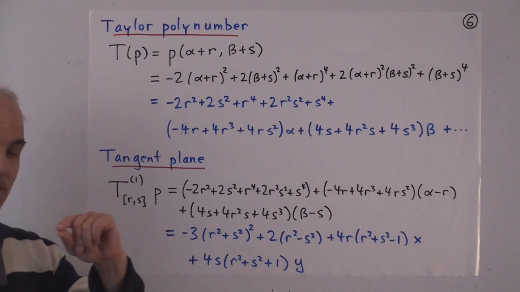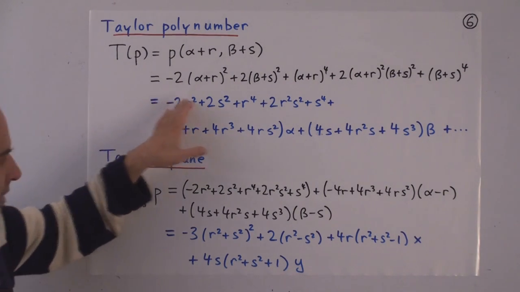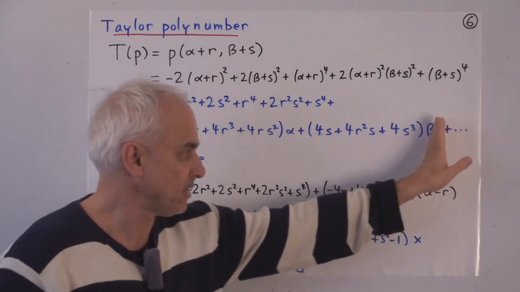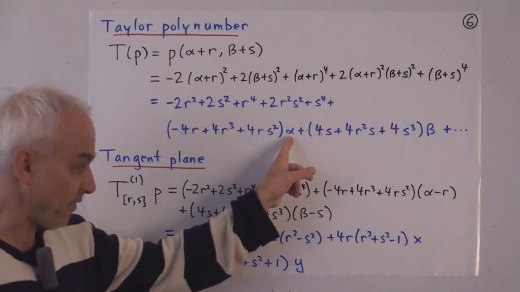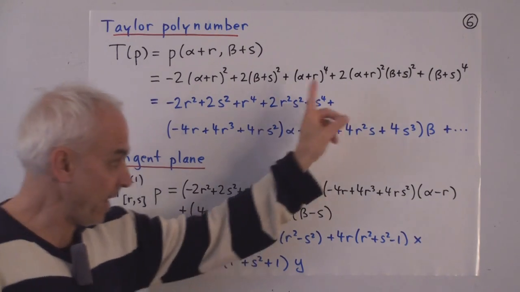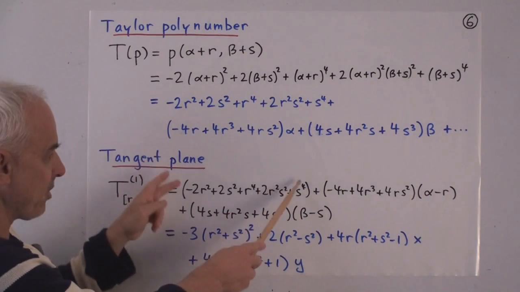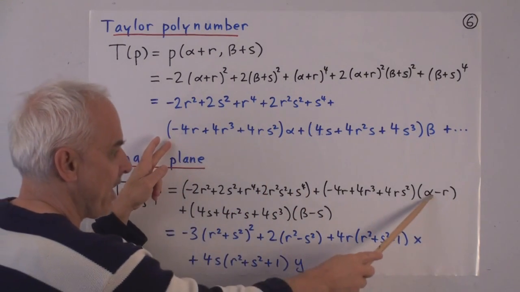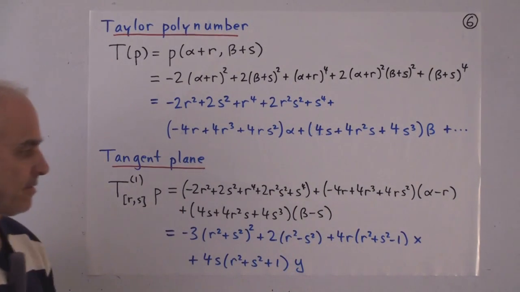Then how do we get the tangent plane, or the first tangent to P at Rs? We take the linear part of this Taylor bi-Pauli number, disregard all the quadratic and higher terms, and replace the alpha with alpha minus r and the beta with beta minus s. So exactly what I'm doing here, I'm copying that. That's copied there. This term right here with an alpha minus r now, and this term with a beta minus s.